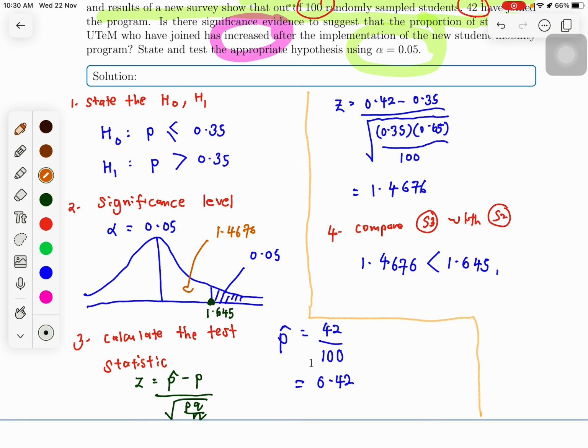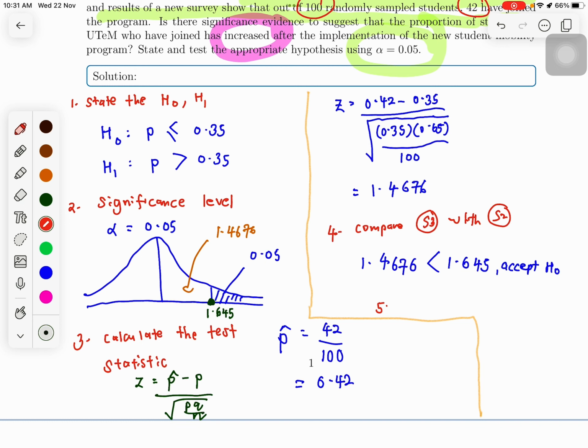So we can say we accept H0 or we fail to reject H0. The same thing, right?